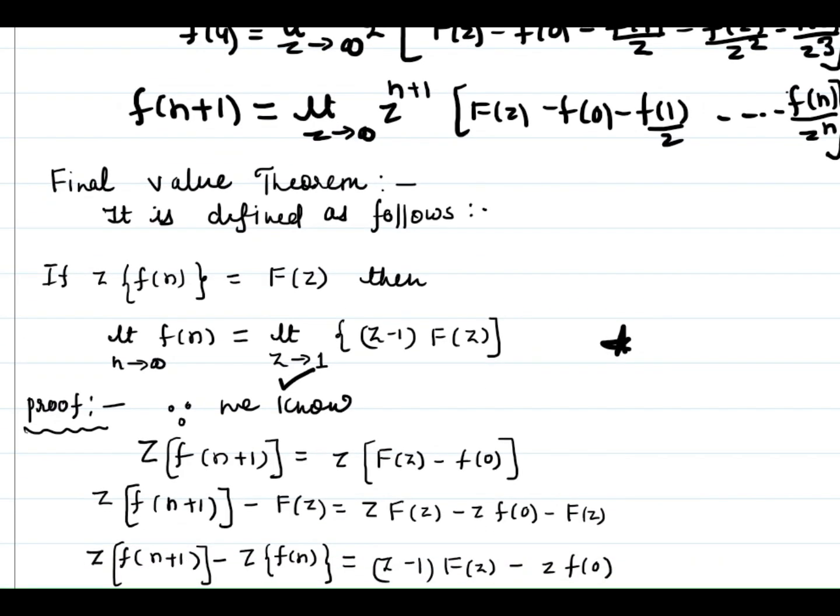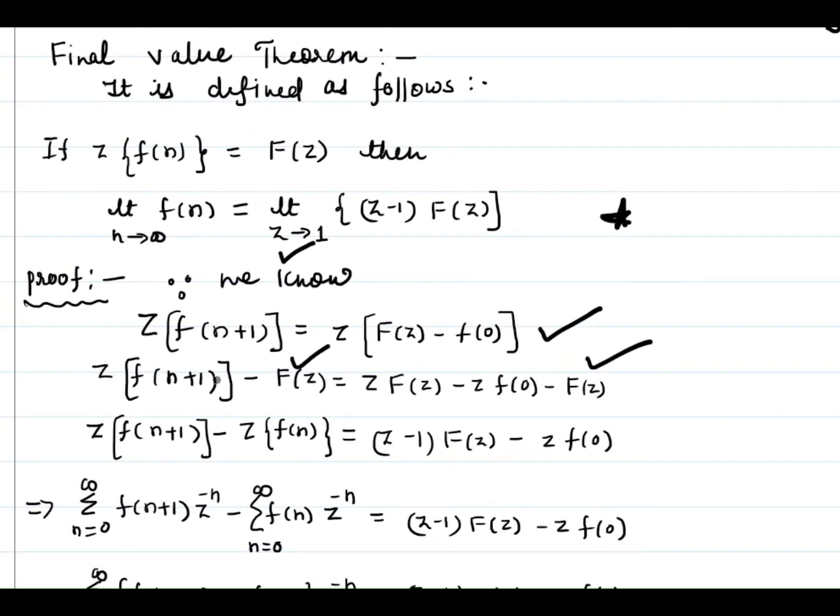So what we are doing, we are writing Z{f(n+1)}. So Z{f(n+1)} can be written z F(z) minus z f(0), and if we are just subtracting on both sides minus F(z), and this F(z) can be written as Z{f(n)}.